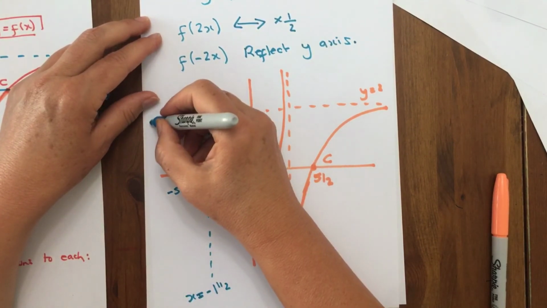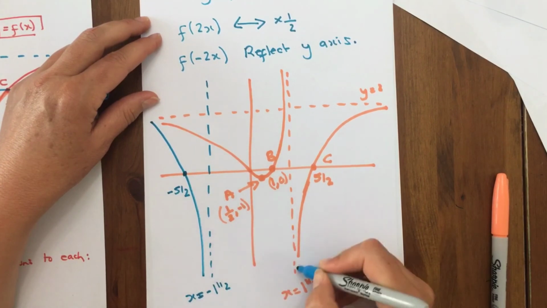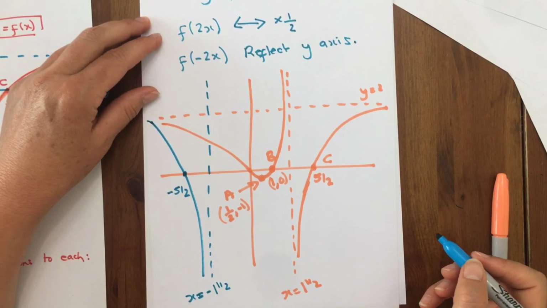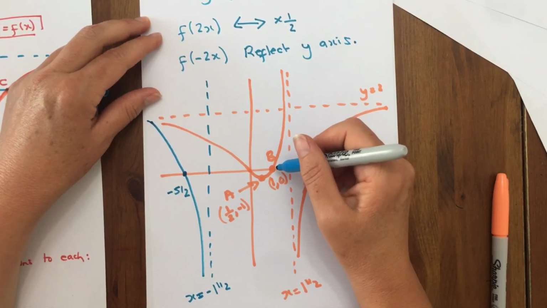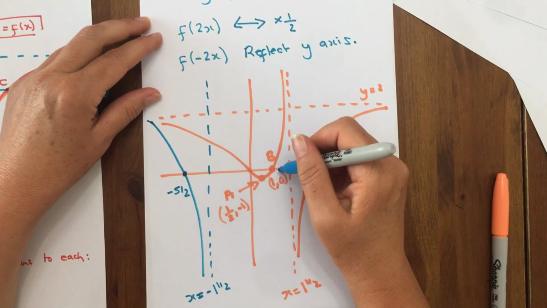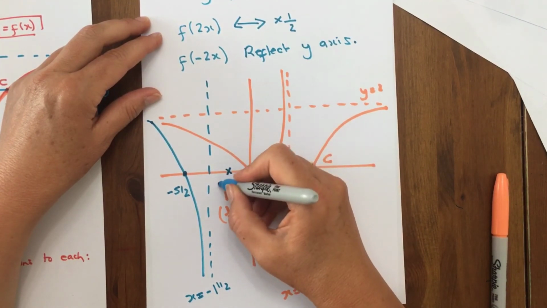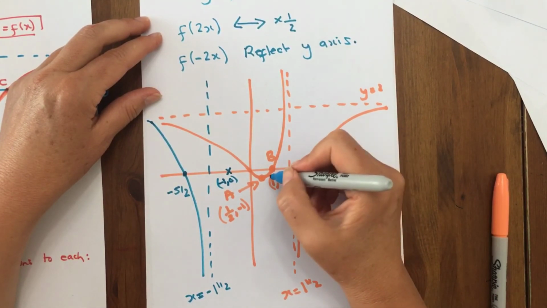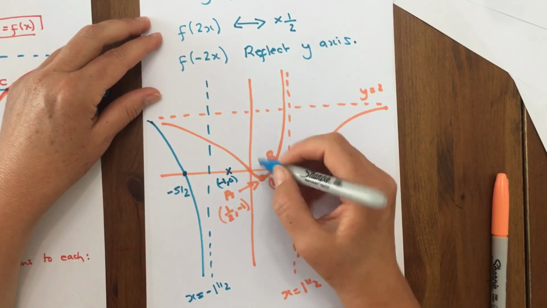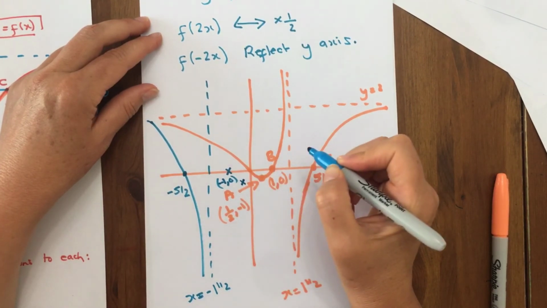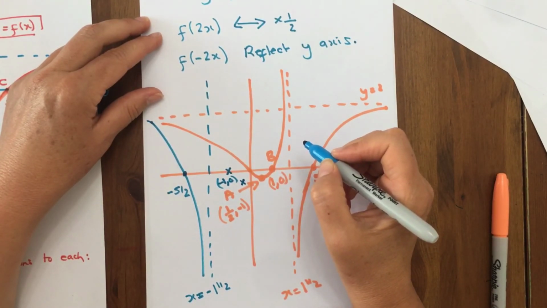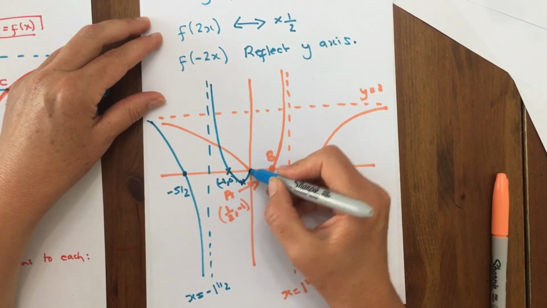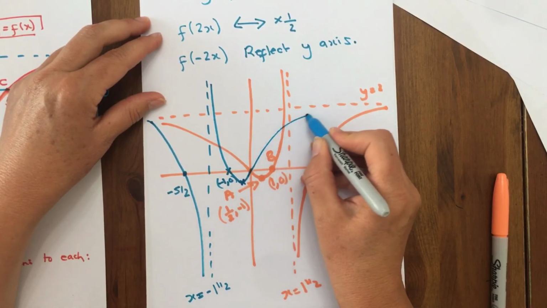So I'll just sketch this part first. So this orange part of the graph flipped to here. Quite complicated, isn't it? Then this will stay the same. My point 1, 0 will go to minus 1, 0. And my point a half, minus 1 will go to minus a half. So it's going to go like this, go through here, and then like that.